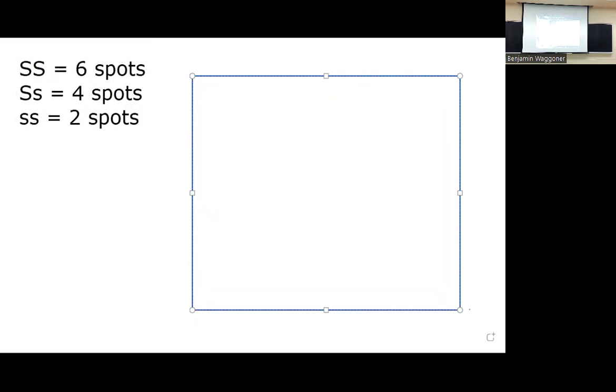We're going to graph on the x-axis the mean parental phenotype.